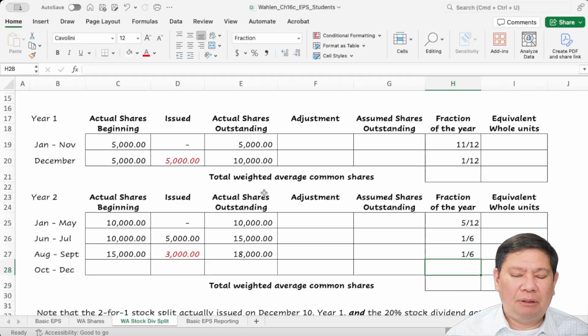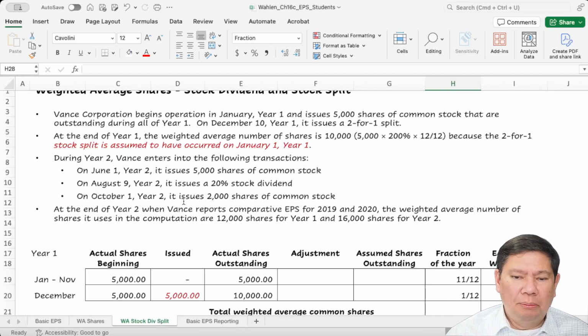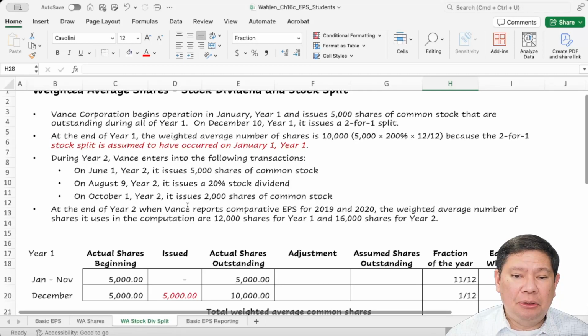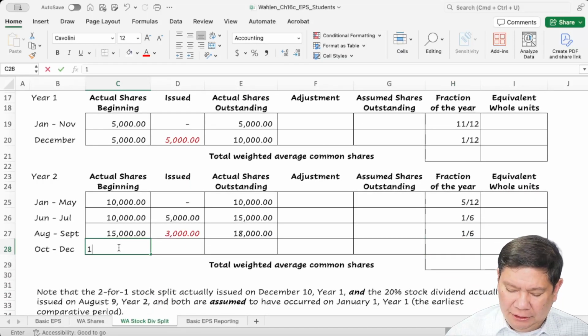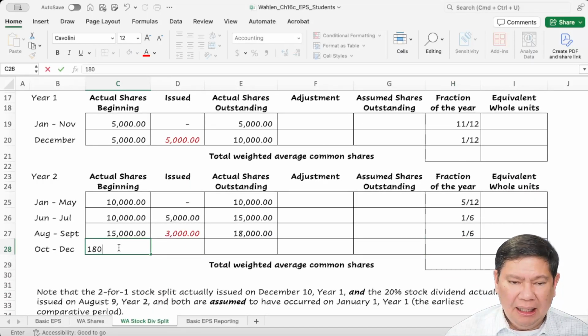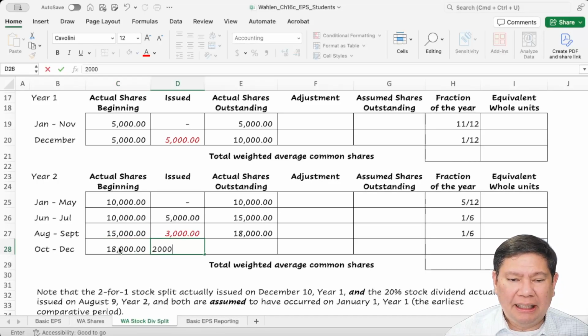And finally, from October to December, in October, they issue 2,000 shares. So they start with 18,000 and then they issue 2,000 shares.